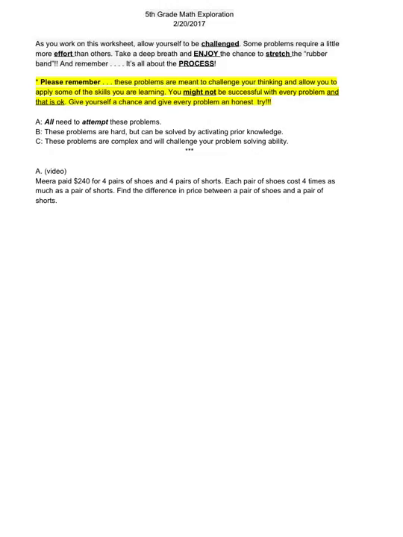Okay, so the first thing that I notice about this problem is that we have shoes and we have shorts. So I'm going to go ahead and put in here shoes, and we have shorts. Now one thing I notice right away is that each pair of shoes is 4 times as much as a pair of shorts.